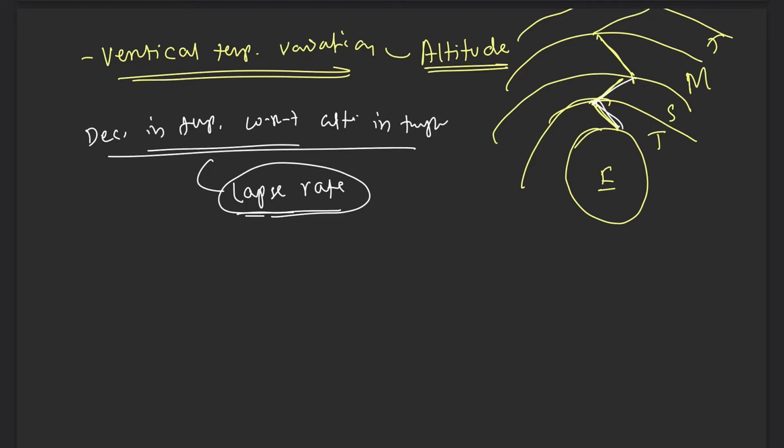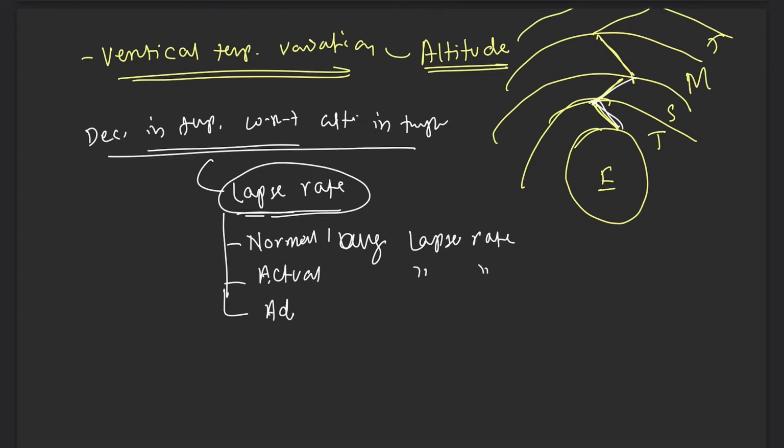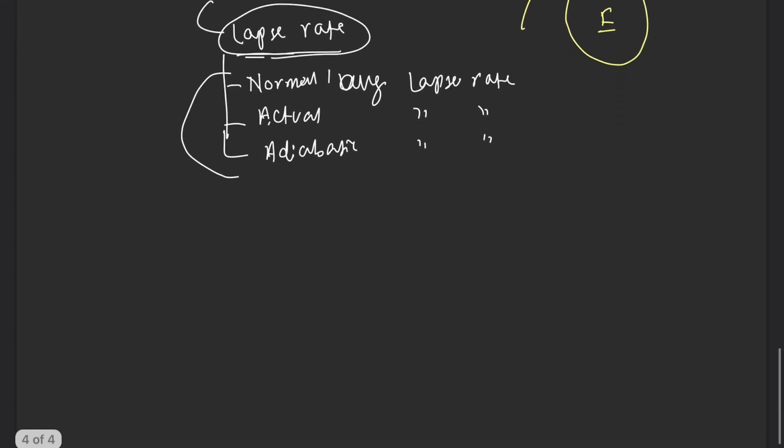Actually, there are different types of lapse rate. One is the normal or average lapse rate, another is the actual lapse rate, and another is the adiabatic lapse rate. So there are three different types of lapse rate.